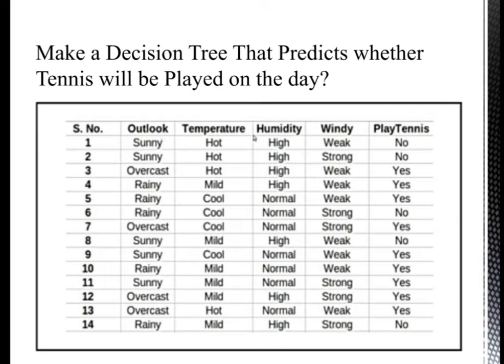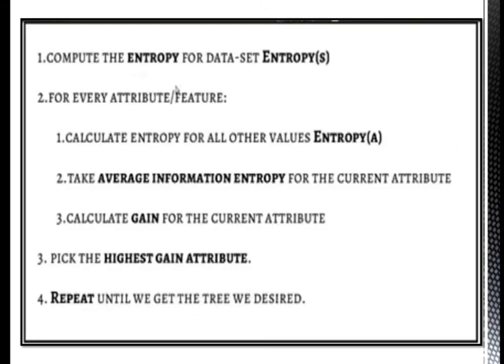This attribute depends upon the values of the 4 other attributes. At the first step, we have to compute the entropy for the data set, entropy of S. At the second step, for every attribute or feature, calculate the entropy for all the values of that attribute, entropy of A. Then take the average information entropy for the current attribute.